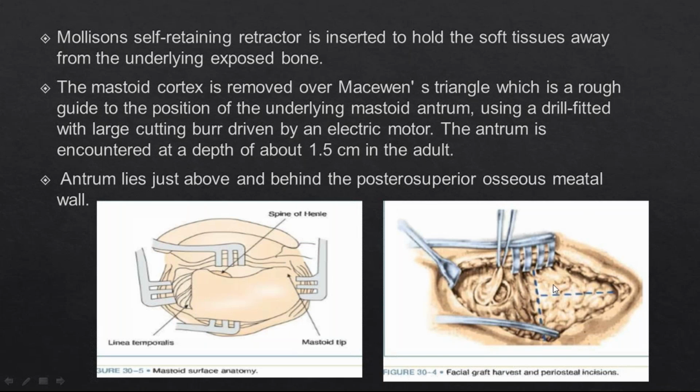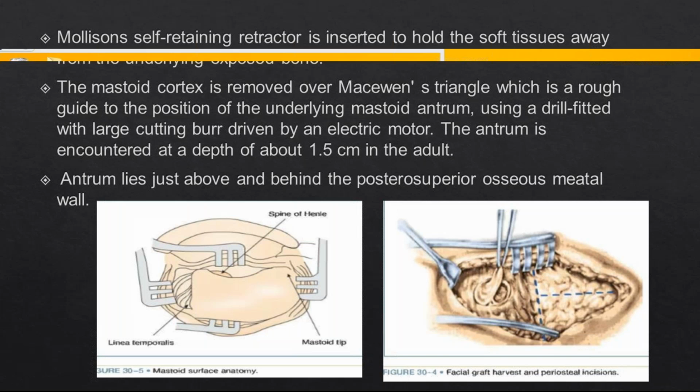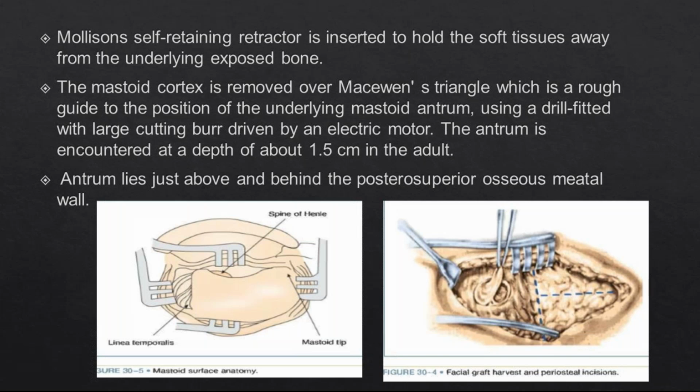So in three directions elevation is there, and then after that you get the mastoid cortex. When you elevate anteriorly, you see the spine of Henle. That is a very important surgical landmark that is called the spine of Henle.